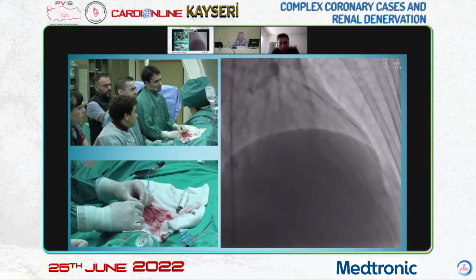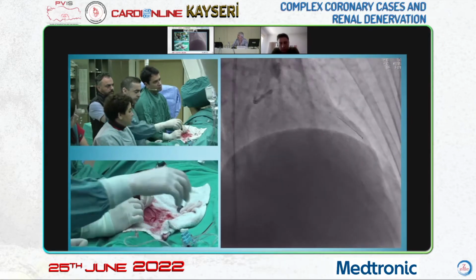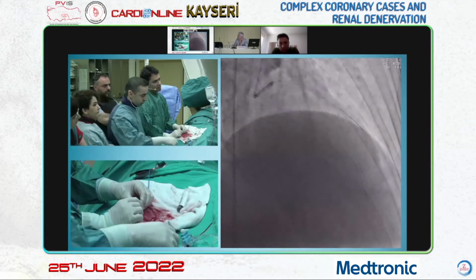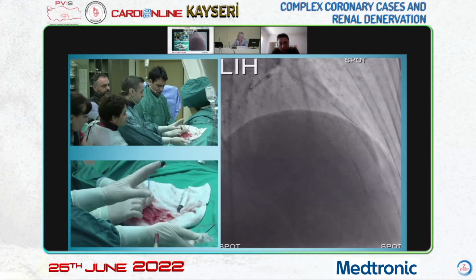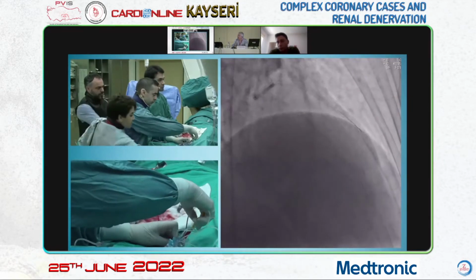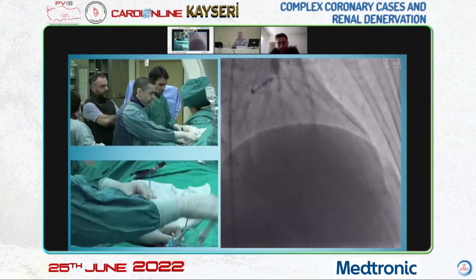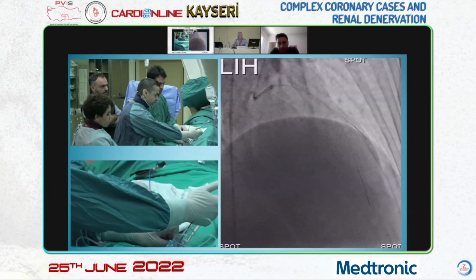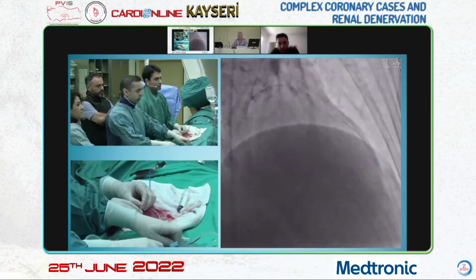If we are going to see a good segment, we're trying not to damage it. We may need a long stent here. We will administer nitrate and take a view.